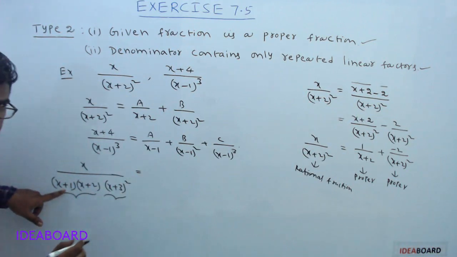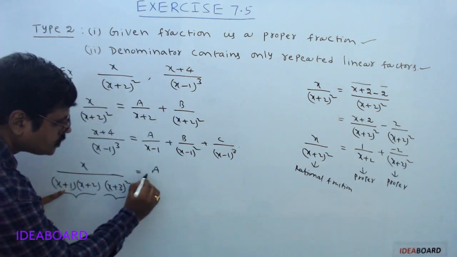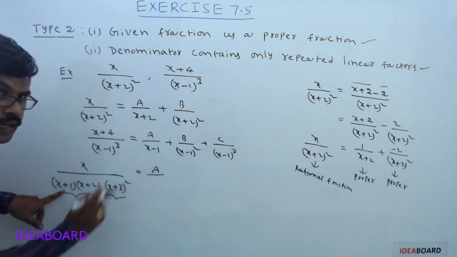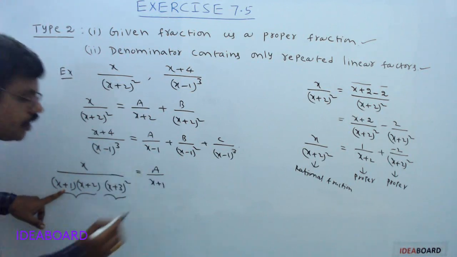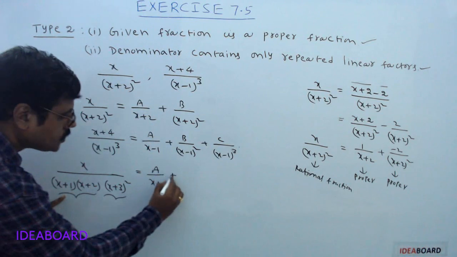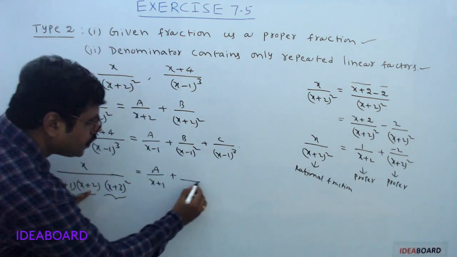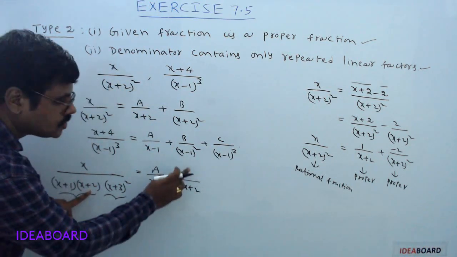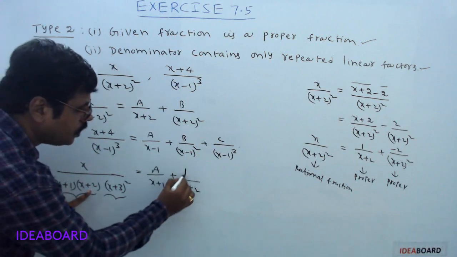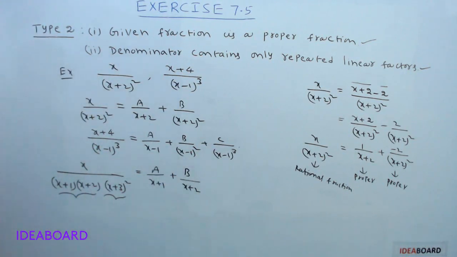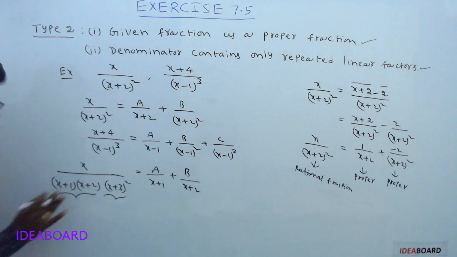Corresponding to this non-repeated linear factor, there exists a constant term. Let it be a divided by x + 1, plus, corresponding to this non-repeated linear factor, there exists a constant term in its numerator. Take that constant as b. Now this part is over.